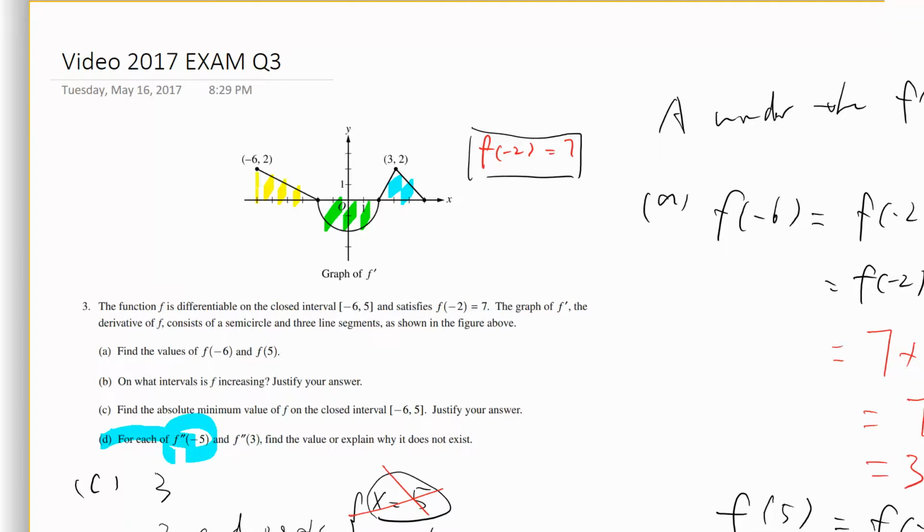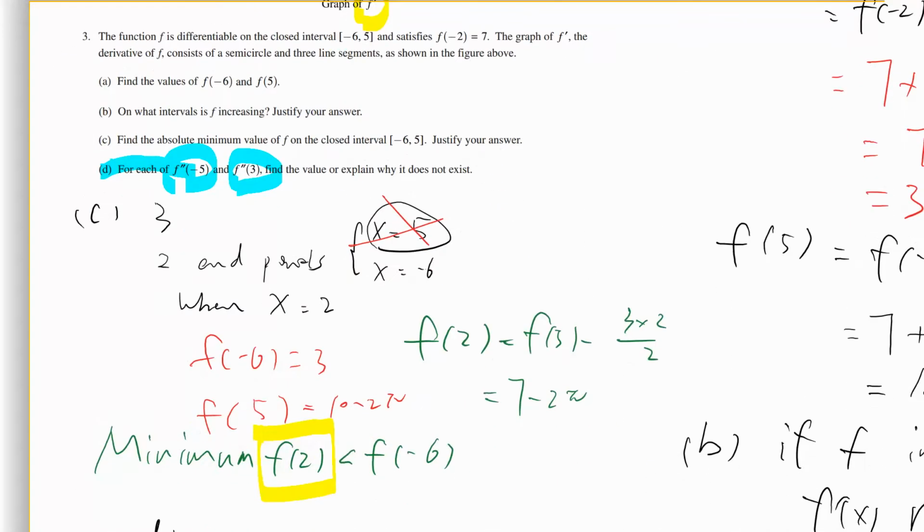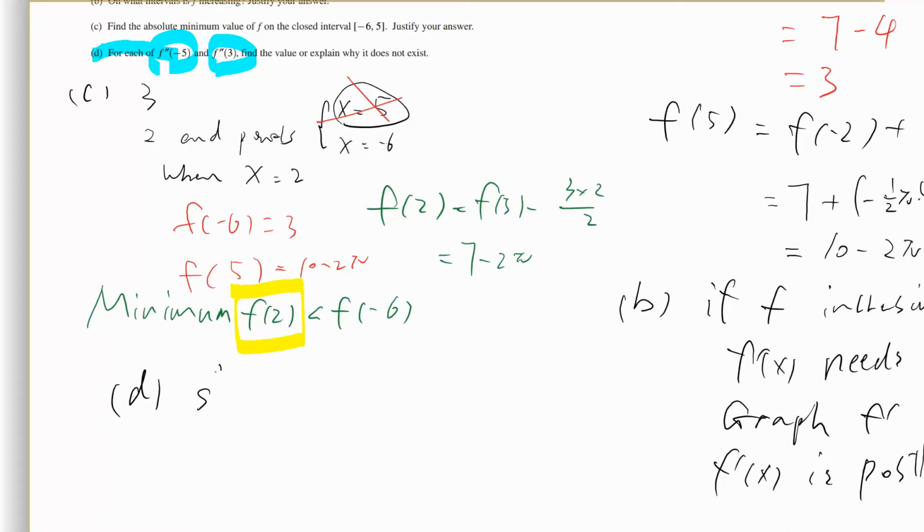Find each value: f double prime of -5 and f double prime of 3. Find the value or explain why it does not exist. So we have the graph of f prime. To find f double prime is actually finding the slope of f prime at that point, at x equals -5 and x equals 3.